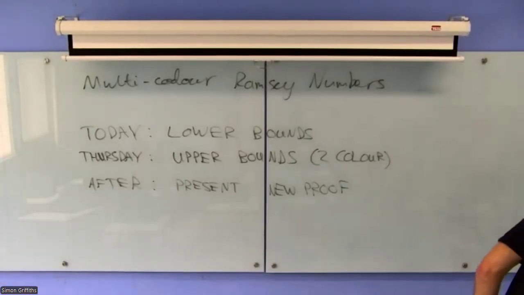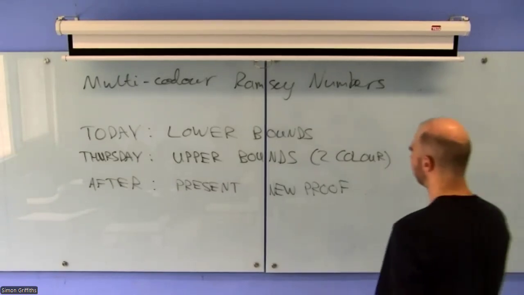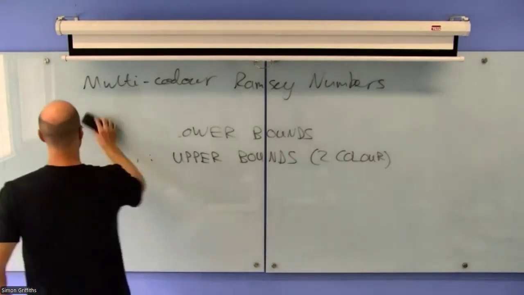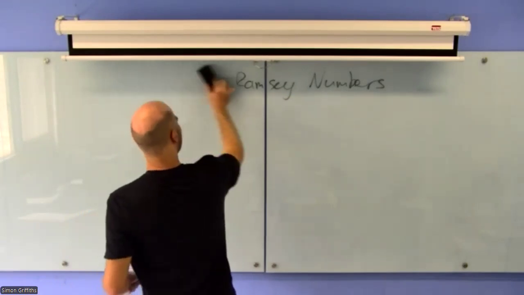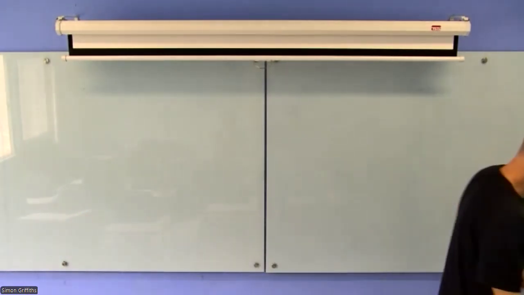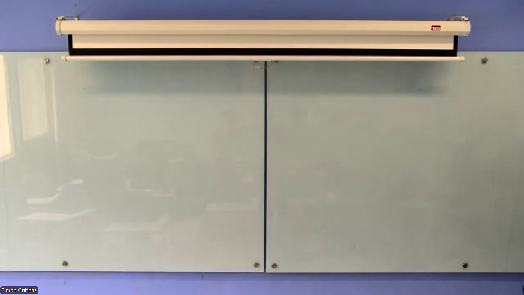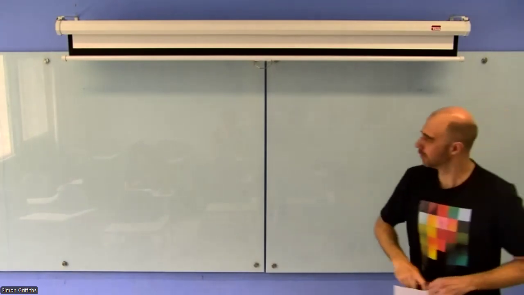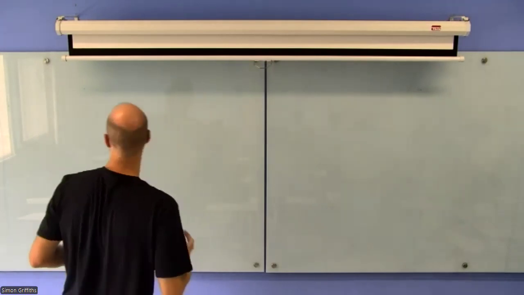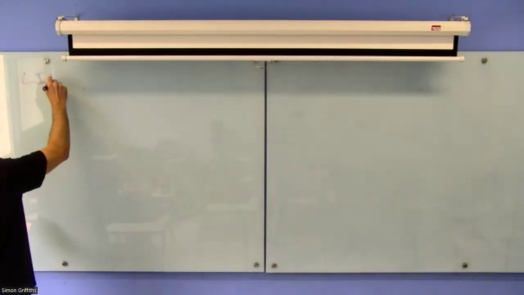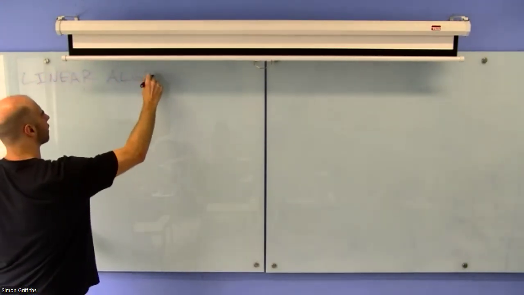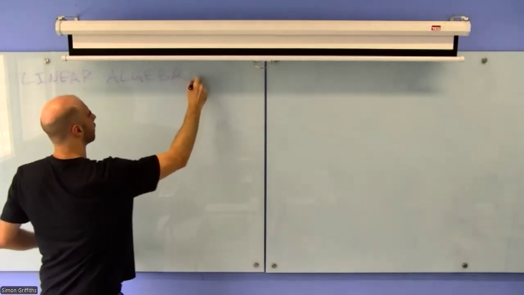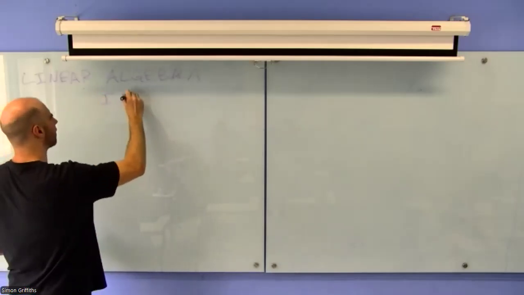Okay, so let's see what we're going to do and what we're going to say about the Condon-Ferber approach, and in particular, linear algebra in Z2 to the D. So let me put up linear algebra. Use the other pen.